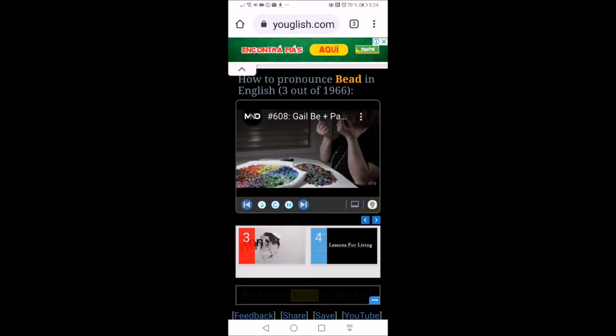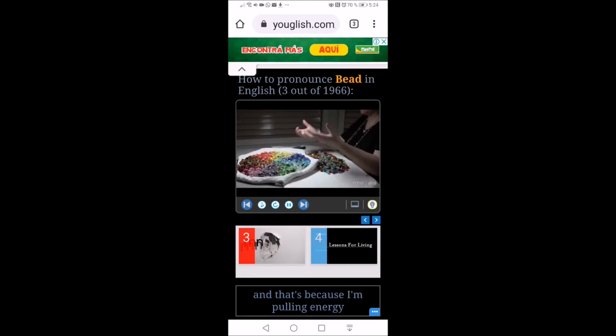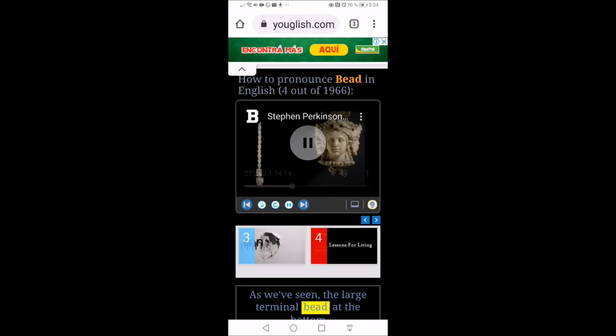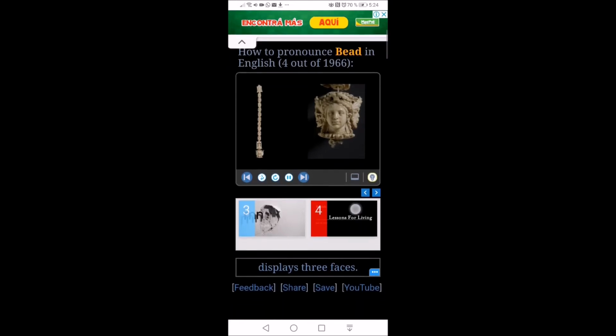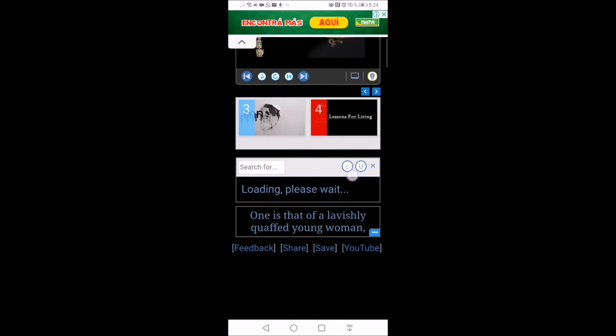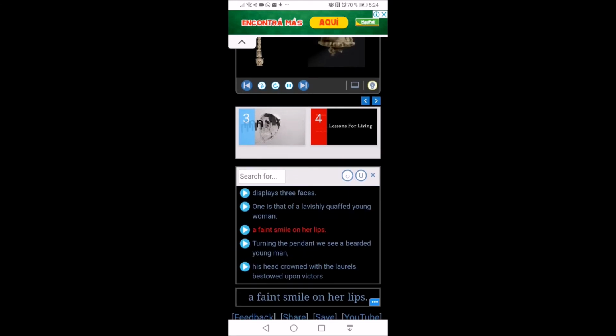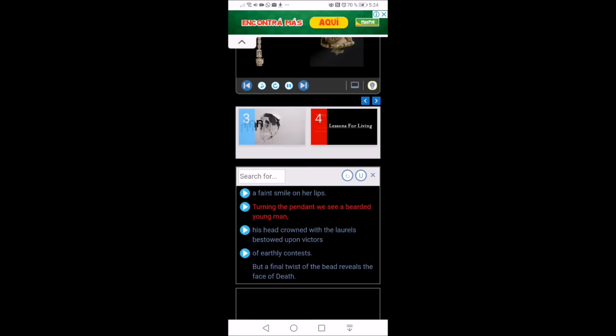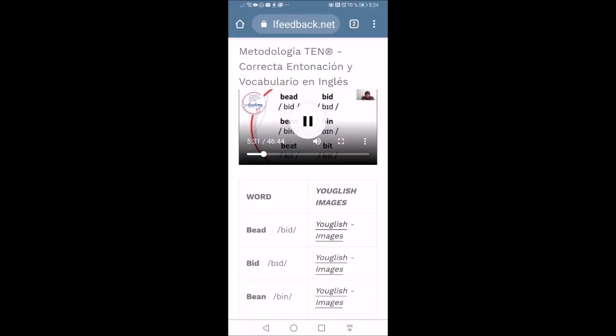And each bead is touched, and that's because I'm pulling. As we've seen, the large terminal bead at the bottom displays three faces. One is that of a lavishly coiffed young woman, a faint smile on her lips. Turning the pendant, we see a bearded young man, his head crowned with the laurels.